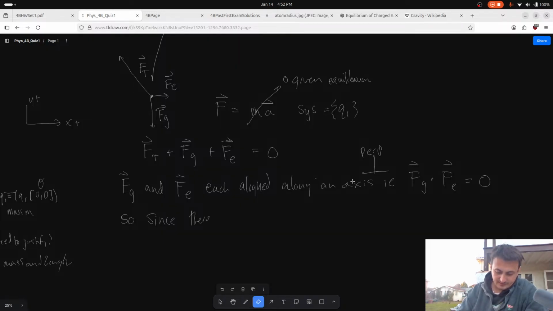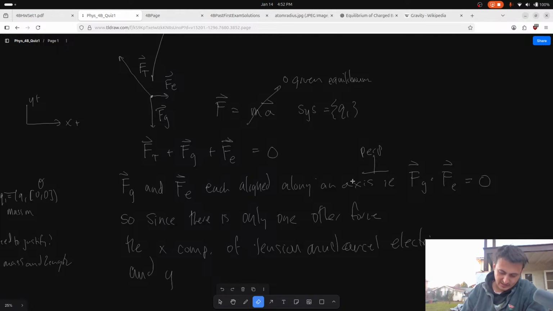There is only one other force. The x component of tension must cancel electric, and the y component of tension must cancel gravity.